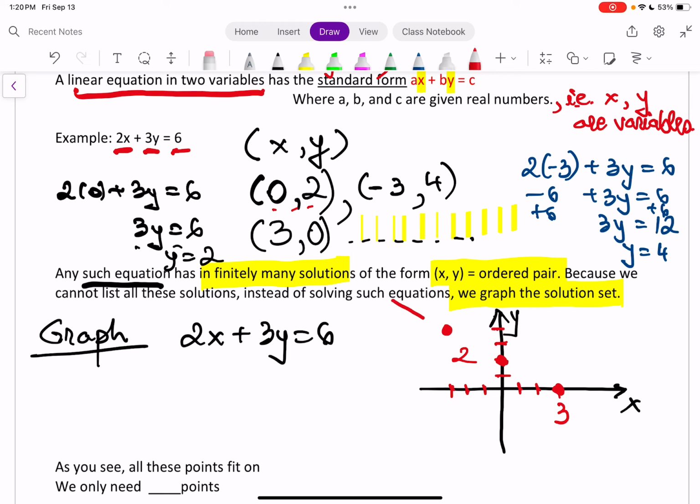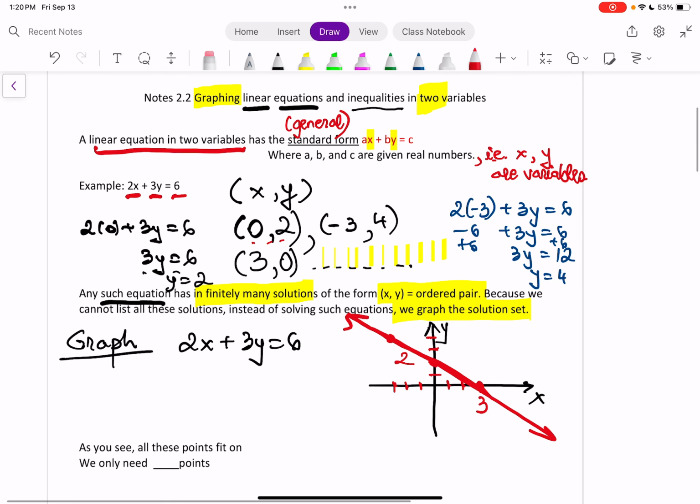However, it turns out that all these points are going to be in a line. Therefore, linear equation. We discussed this already. So all these points are going to fall on a line. Infinitely many points on this line. Infinitely many solutions to this equation. Any point on this line is a solution to the equation and backwards.